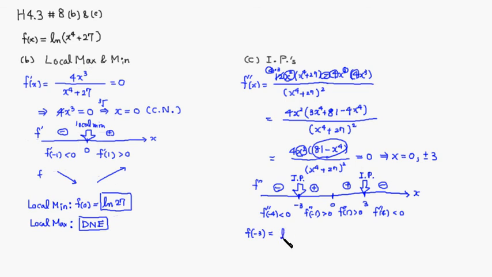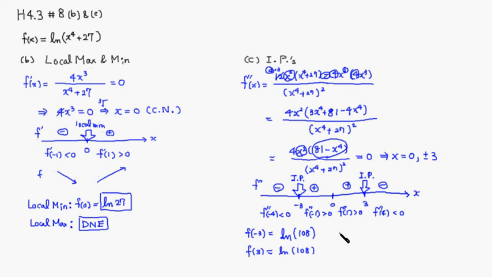So natural log of 81 plus 27, so 108, is the function value at -3. And if you plug in +3, it doesn't make any difference because it's raised to the 4th power, an even power, so the negative sign doesn't make any difference. So it's going to be the natural log of 108.